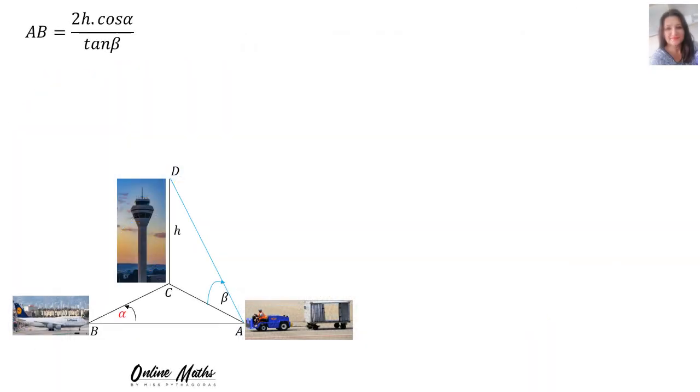Now we have all the information that we need. So from the previous slide, we worked out that little angle there at A was alpha, and the angle at C was 180 minus 2 alpha. So now we can work out the length of AB. So we will start by saying in triangle ABC, and we're going to use the sine rule.